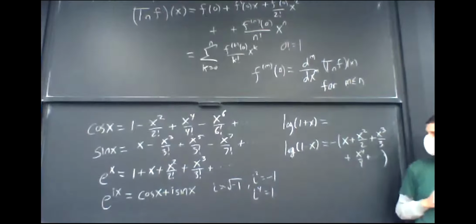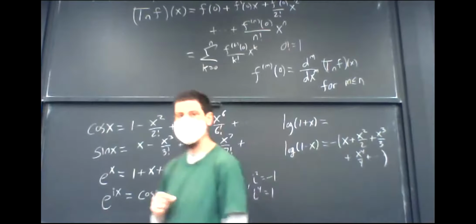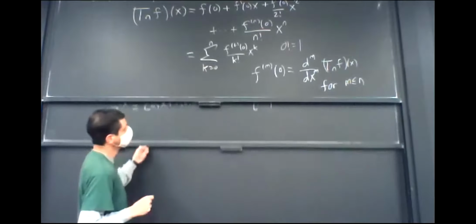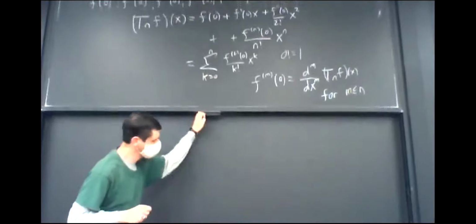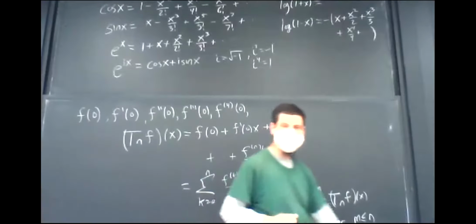How would you check and see if that's right? So I'm claiming that that's the Taylor series for log of 1 minus x. How can you check and see if that's correct?